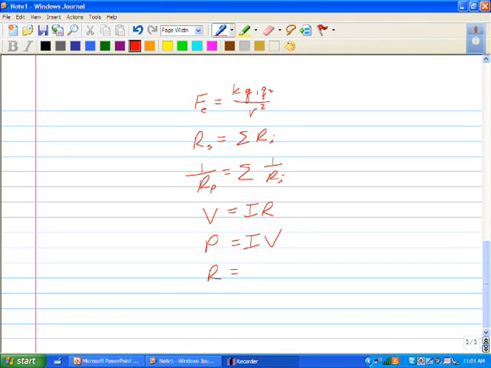Resistance for any given current carrying wire or other conductor is resistivity times length divided by cross-sectional area. Yes, that's rho, resistivity. All right, so those will be updated on your formula page.